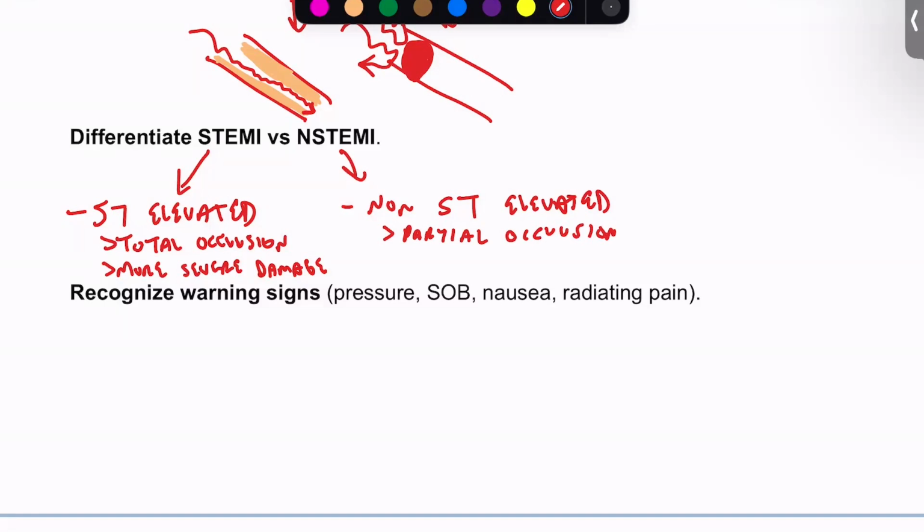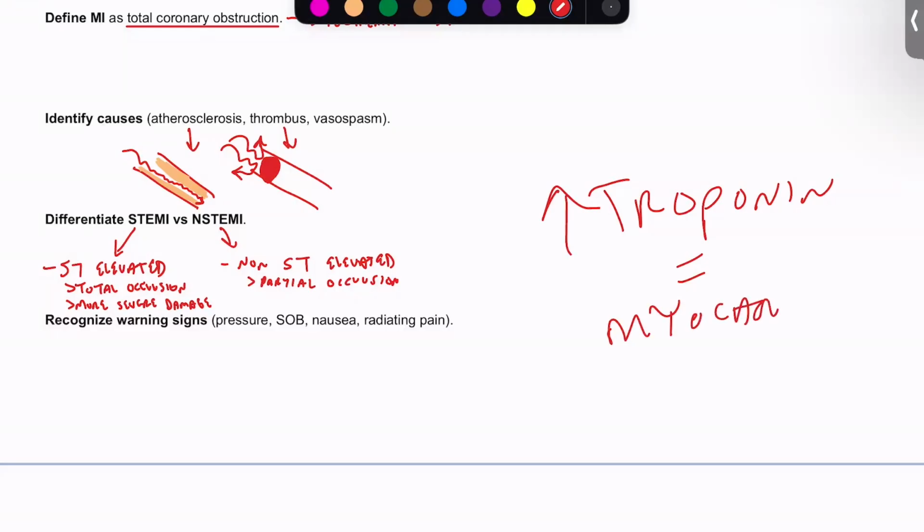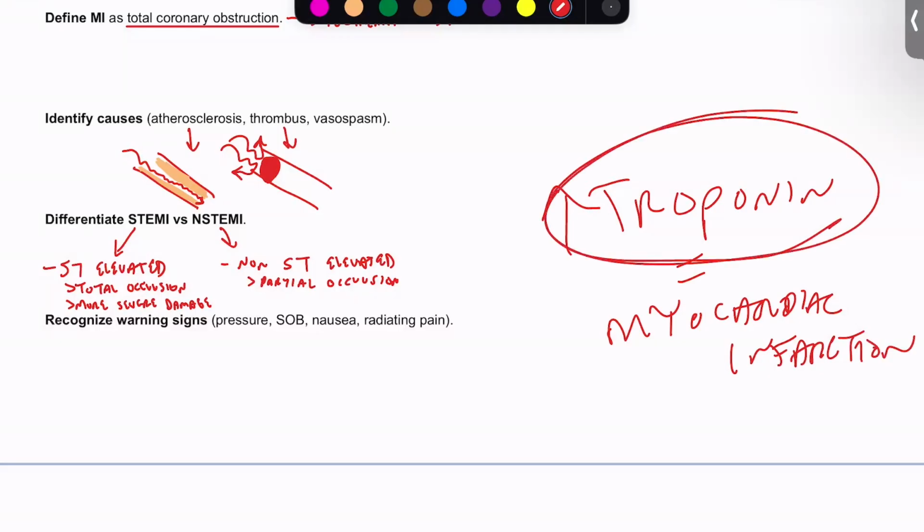And then your troponins are still going to be elevated here. So watch for that. And troponin, remember, that's the main cardiac enzyme that you're going to be looking for during a myocardial infarction. So basically your cardiac muscles die and they release this protein into the blood.